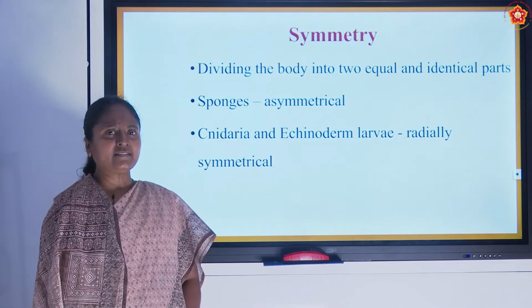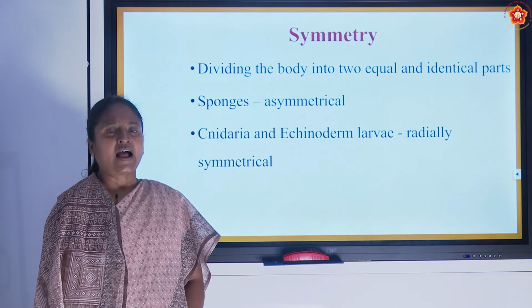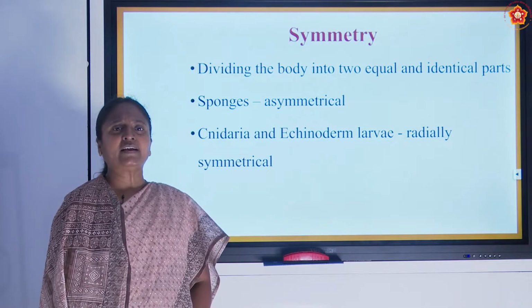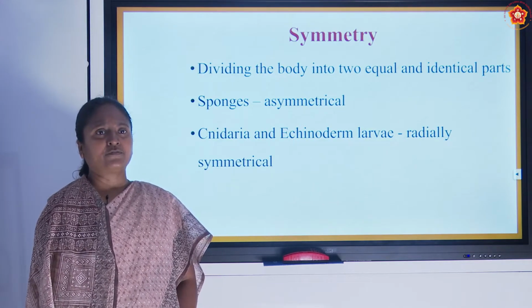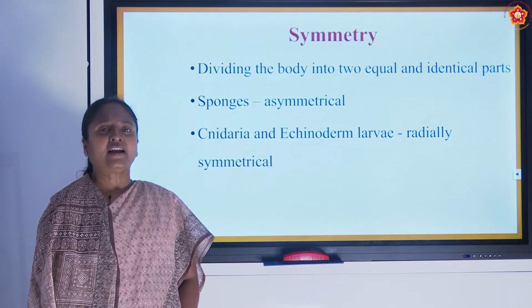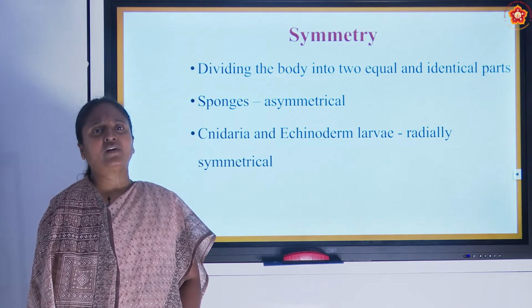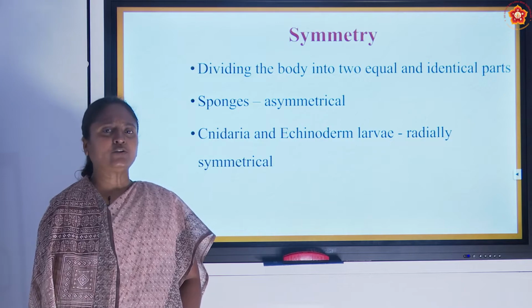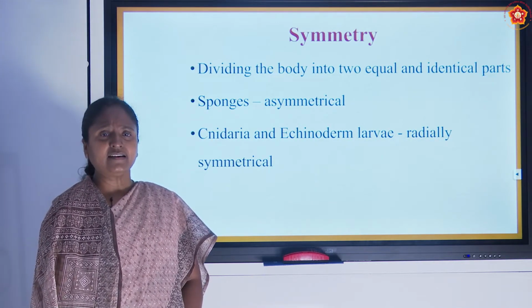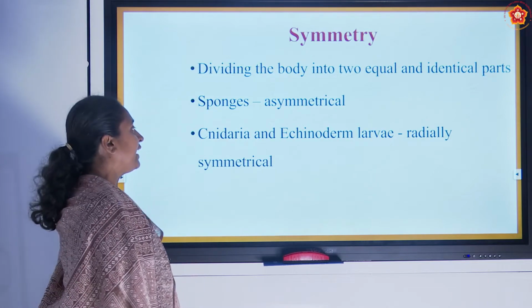Radial symmetry is, imagine a circle, and in that circle we can divide in any plane into two equal halves. For example, consider a dosa-like structure, round shaped: at any plane we want to divide, we can divide it into two equal halves, but only in that circular path. This is known as radial symmetry.